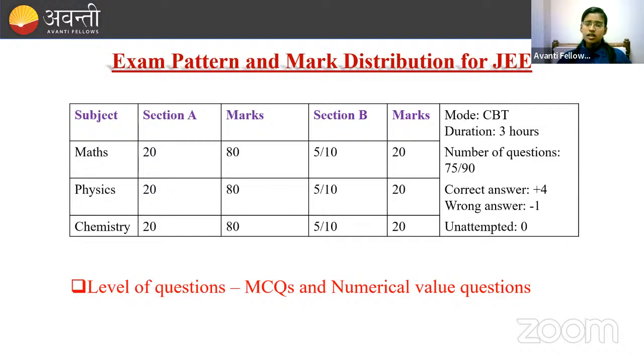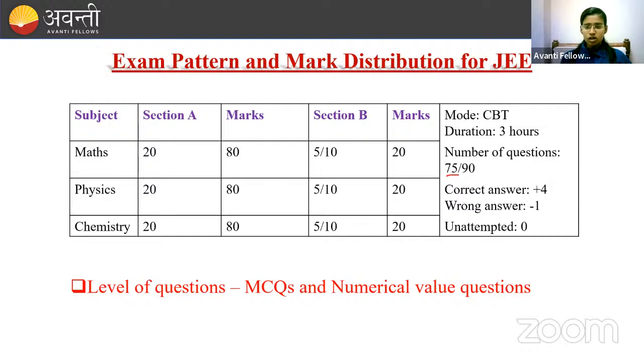Got it? The mode of examination is a computer-based test, and the duration will be 3 hours. The total number of questions that you're going to attend is 25, 25, 25 for each subject, so 75 out of 90. For each correct answer, you will get plus 4 marks, and for a wrong answer, minus 1 from the total mark.